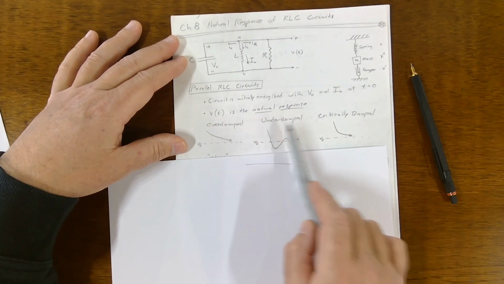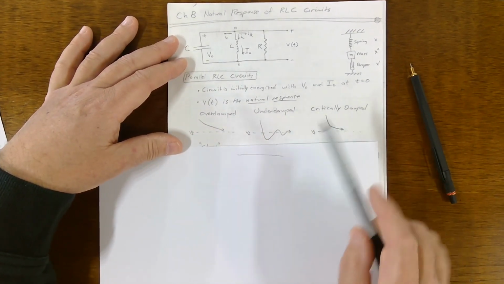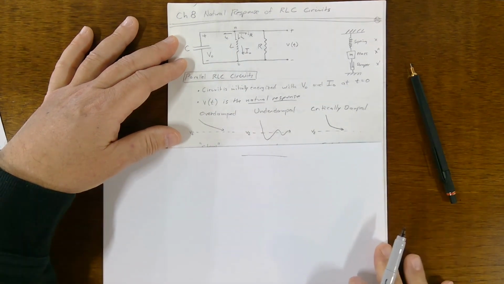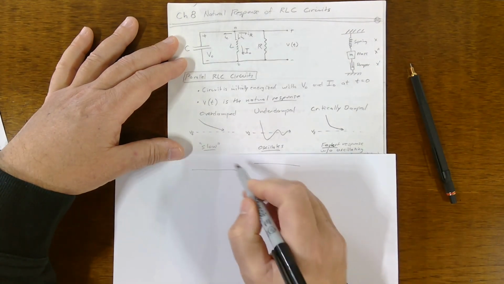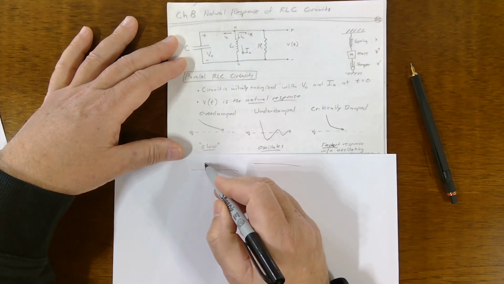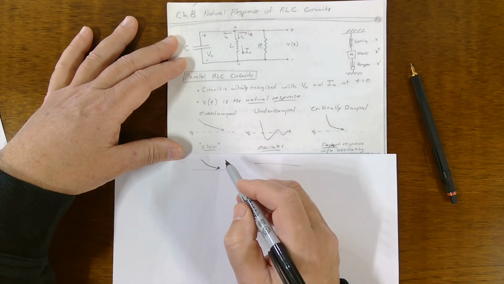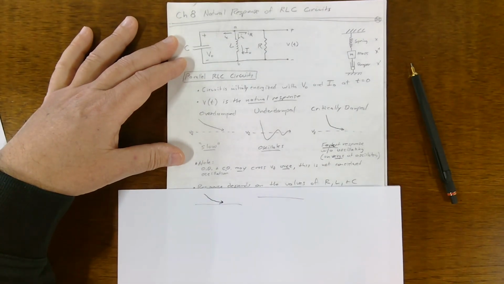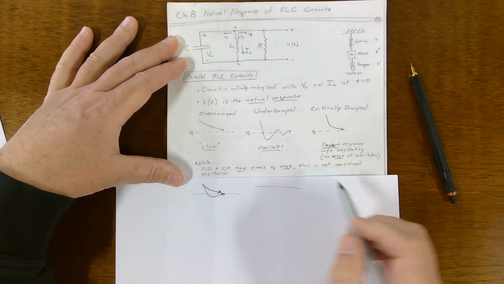And these are apparent by the mathematics that characterize the system. The curves are usually okay, but they're not always enough. In other words, overdamped and critically damped can cross the axis one time.